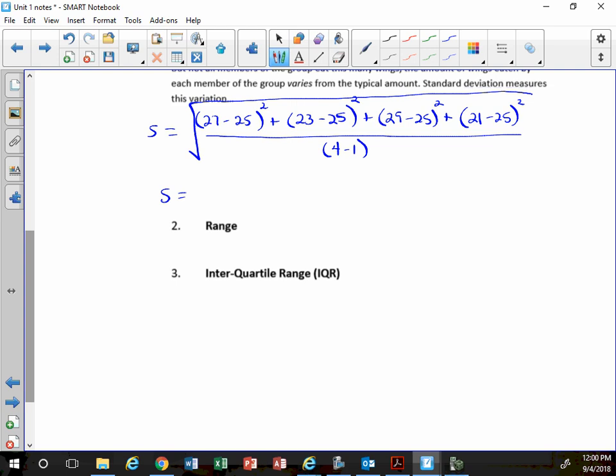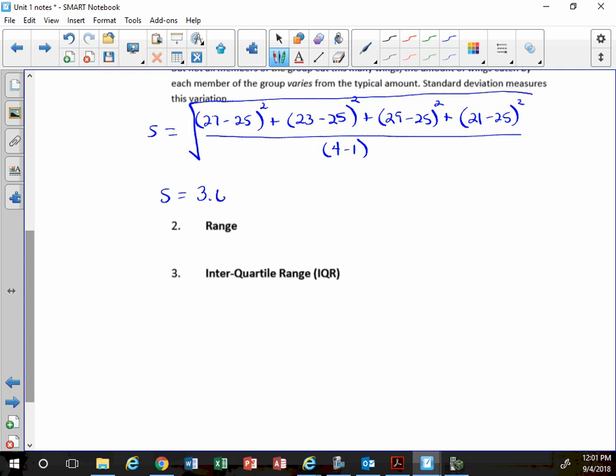What are you guys getting for S? Okay, and you can give me a decimal. We're getting something like 3.65. Yes, okay.